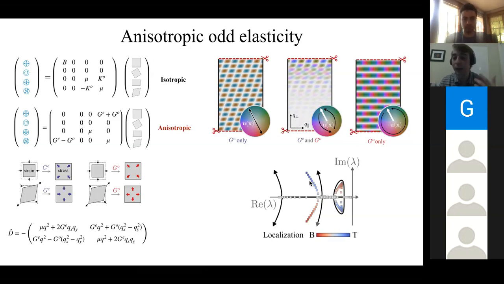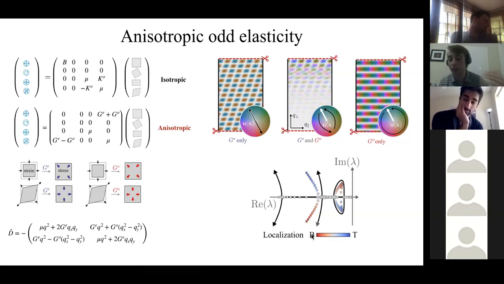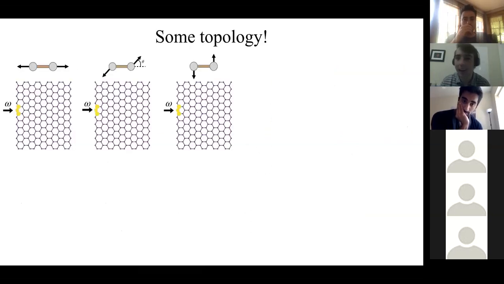And if you were to numerically compute the spectrum with boundaries, we find that indeed there is a strong difference between the periodic and the open boundary conditions. And this difference in the spectrum also corresponds to a very strong degree of localization that's extensive in the number of modes.